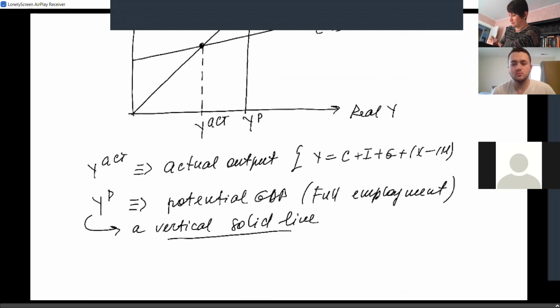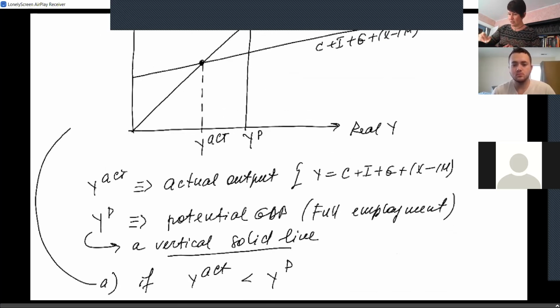So if actual GDP is below potential, just like our picture indicates, okay, the distance between the two will be called a gap, okay?